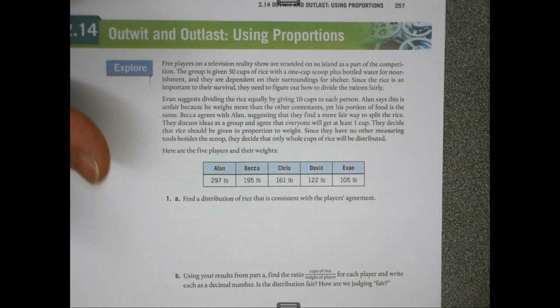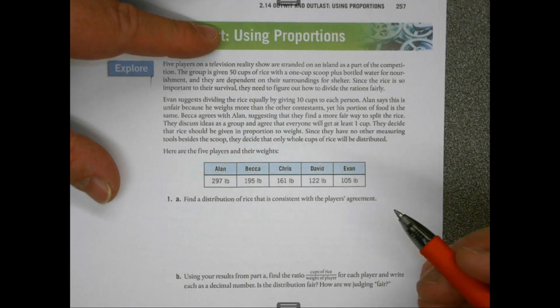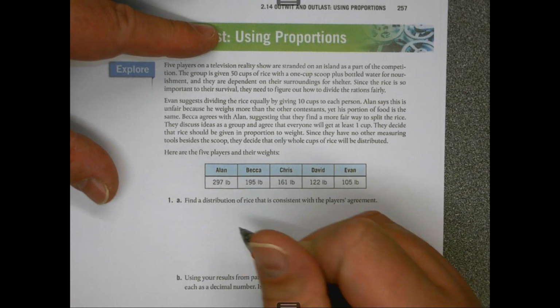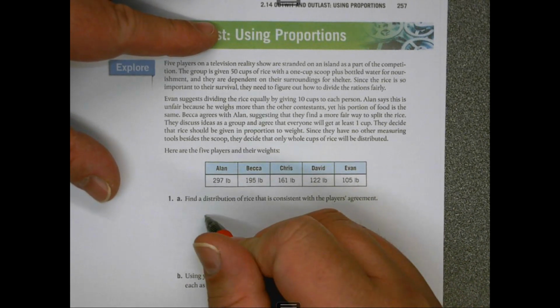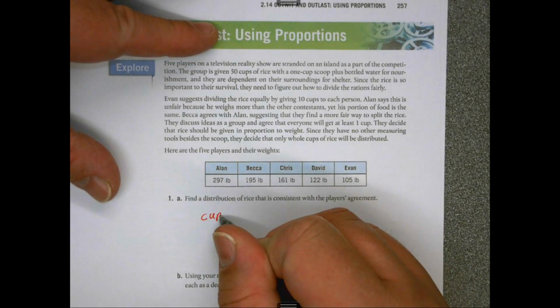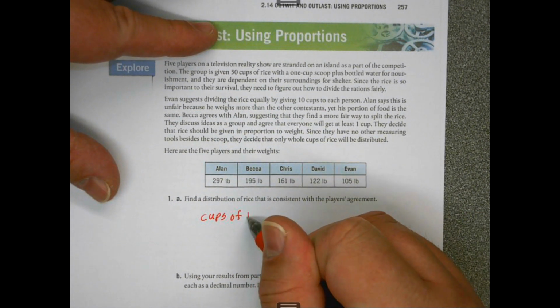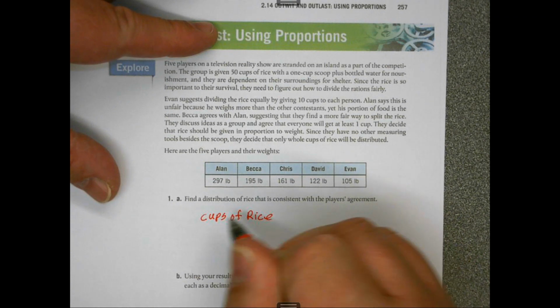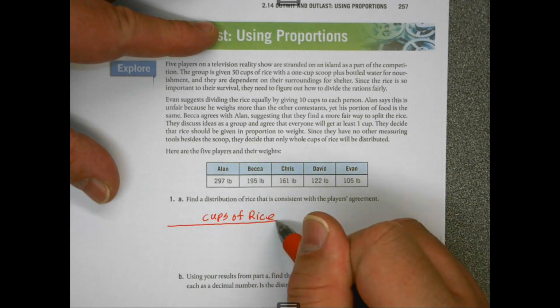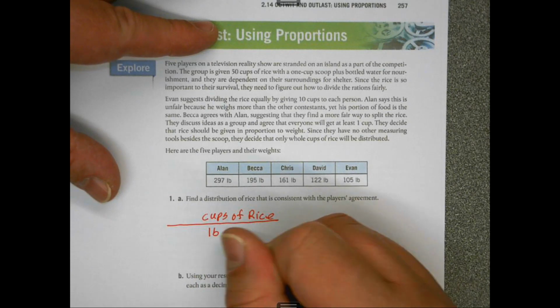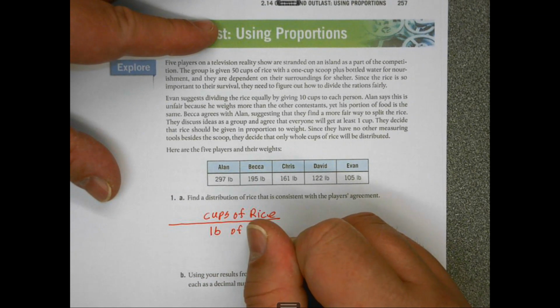So what I would do is find the distribution of rice. What I want to do is cups of rice per pound of weight. That's how I would do it.